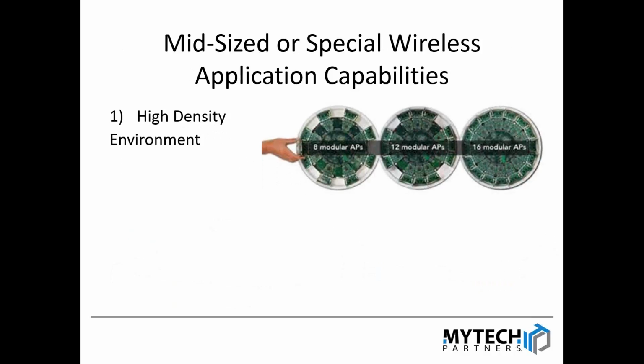Very often when we're looking at wireless deployments, as we were in the first two, we're looking at what we call a coverage play: there's a finite number of rooms and space to cover, and the real concern is making sure there are enough wireless access points to cover all of the physical area that needs service. There are different use cases, however, where we may have a very large number of users inside of a small space.